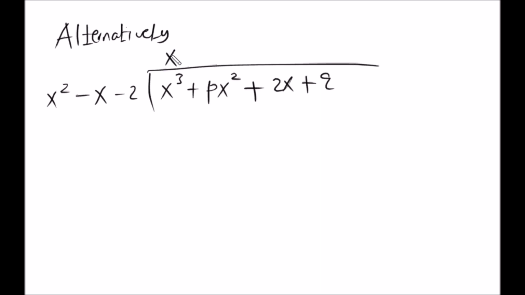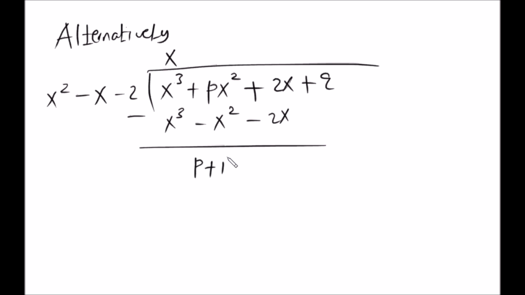So hapa nitaweka x, hapa itakuwa ni x cube minus x squared minus 2x. So nikiminus, x cube minus x cube kuishia, p minus negative 1 ni p plus 1, so nje tuna x squared, and then 2x minus negative 2x itakuwa ni plus 4x.